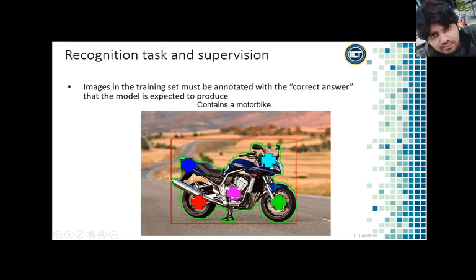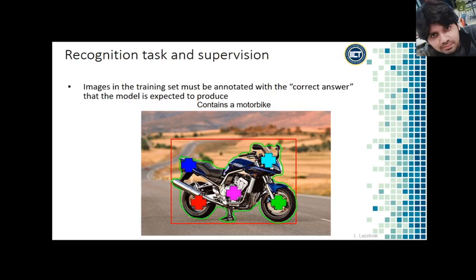If they all occur in one image, then you may consider that this belongs to a particular object, which is a motorbike. So there are different strategies to annotate the object in an image.